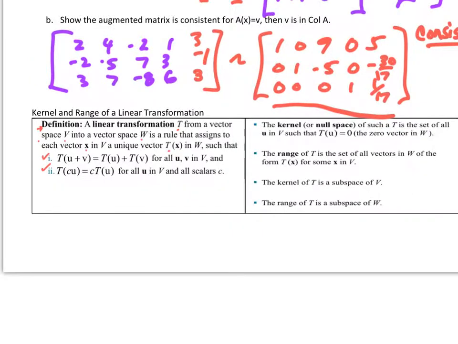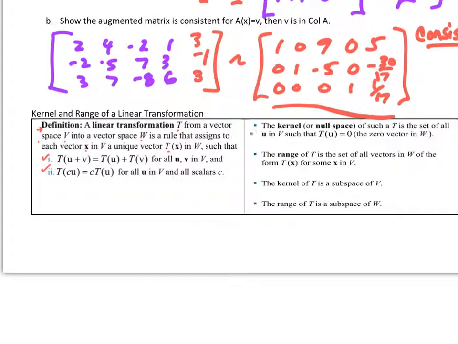And going over here, the kernel is the same thing as the null space. It's the set of all U in V such that T of U is equal to 0, the 0 vector in W. And then the range of T is the set of all vectors in W of the form T of X for some X in V.